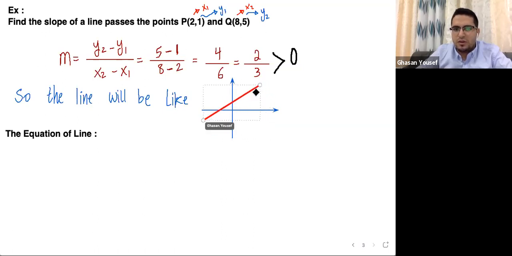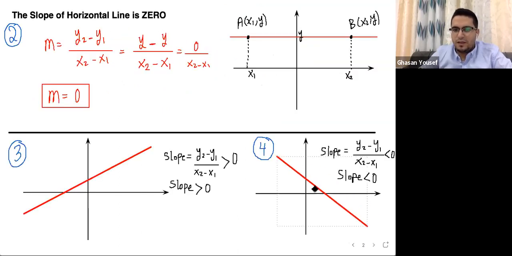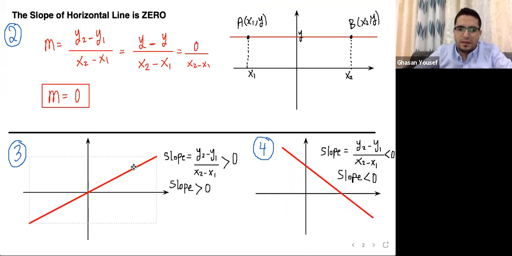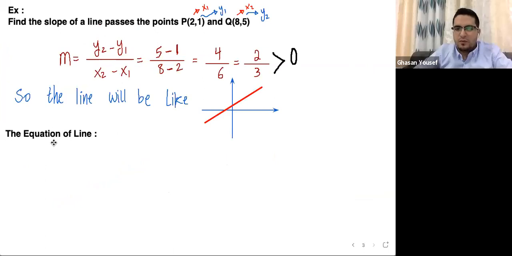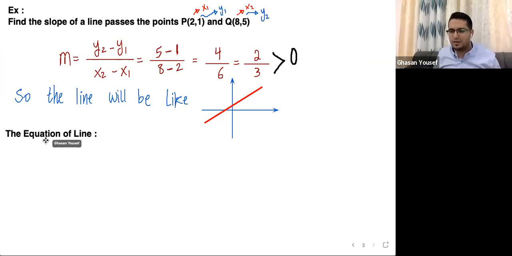But I know the graph of the line will be something like this, not like number 4. We don't know until we find the equation of the line. The equation of the line will show me exactly how the line looks on the Cartesian plane.